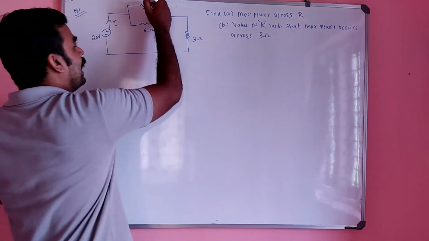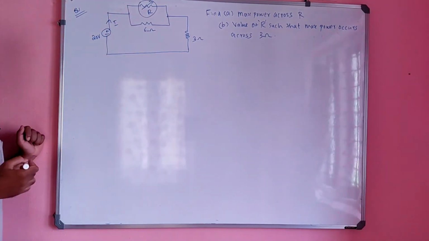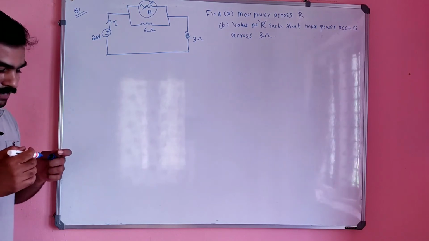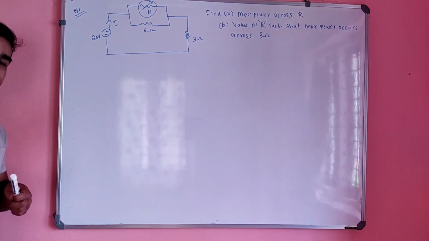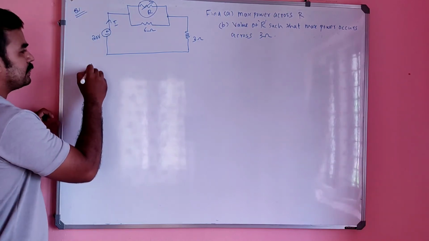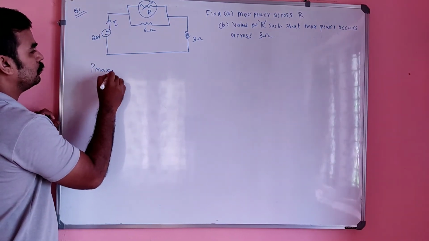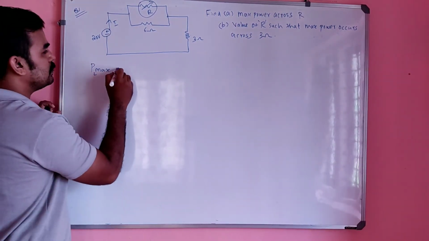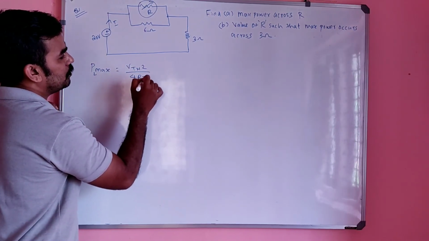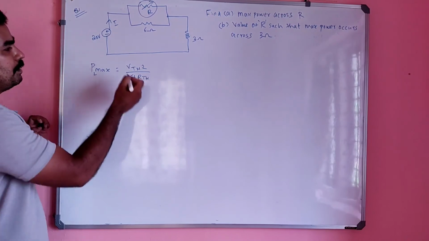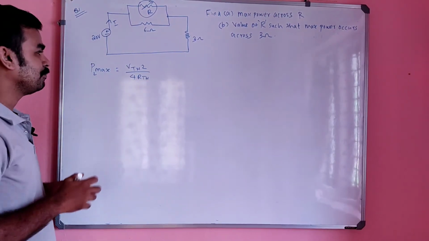Okay. So maximum power across R. That means we have to find the maximum power across R. So the first step itself is that. We need the maximum power transfer equation. P max, or simply PL max, will be equal to V Thevenin square divided by 4 into R Thevenin, or Vs square divided by 4 into Rs. Both are the same.